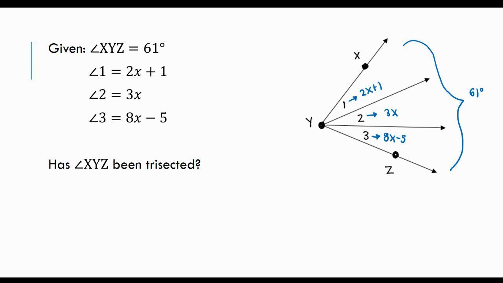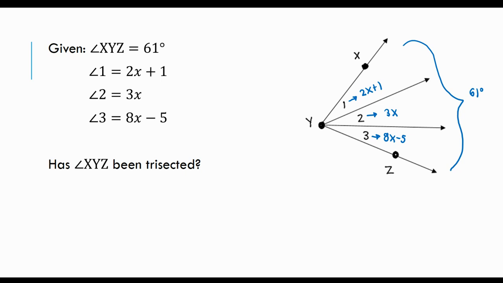The question is, has the angle XYZ been trisected? So now remember, to trisect means to divide into 3 equal pieces. It's not something that I can assume. It's something that I'm trying to figure out if it's really a possibility.